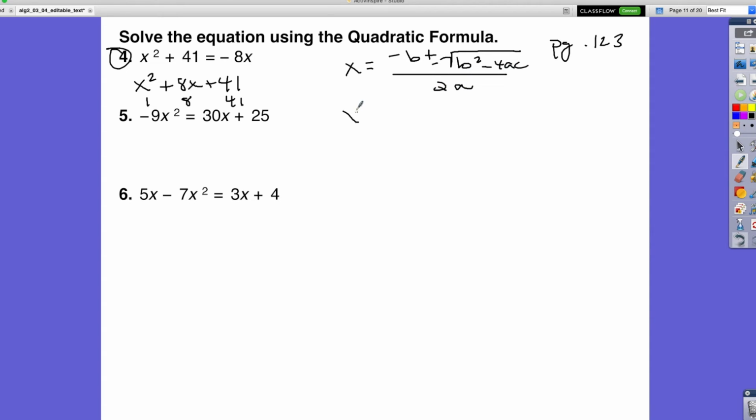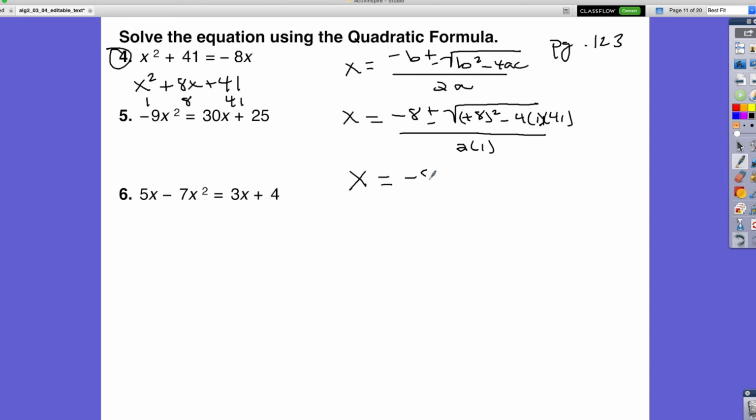Here we go. X equals -8 plus or minus the square root of, positive 8 squared minus 4 times 1 times 41, all over 2 times 1.